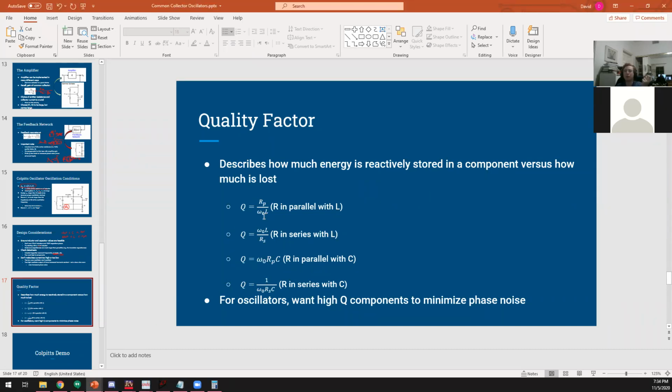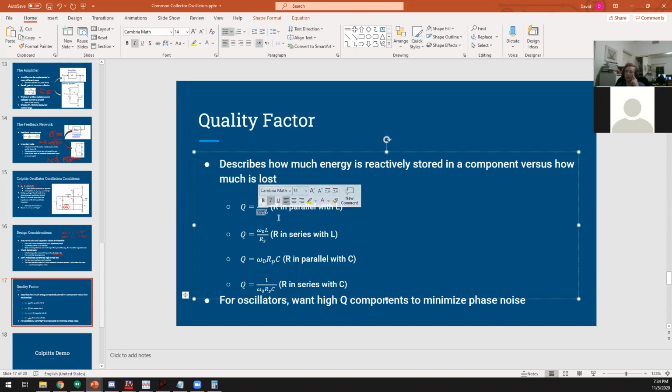Well, you don't see a capacitor in there, right? You might wonder where that capacitor is in that equation. And that capacitor actually is inside the omega naught, the resonant frequency. Because remember, the resonant frequency is 1 over square root LC for an LC tank.